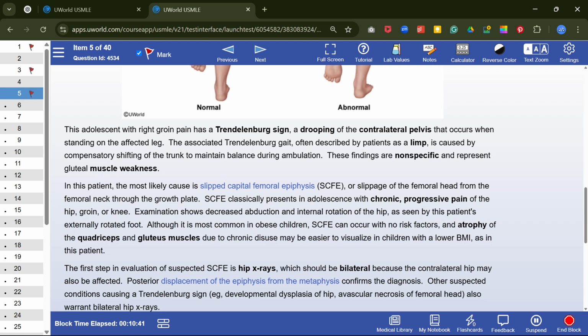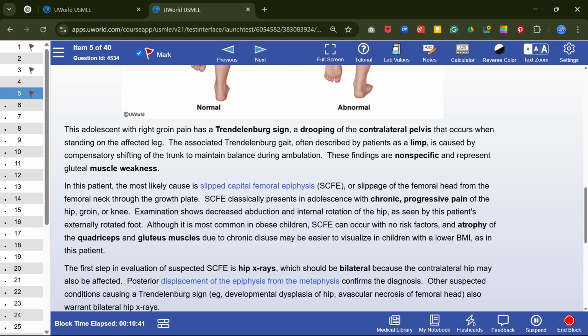Slipped capital femoral epiphysis classically presents in adolescents with chronic progressive pain of the hip, groin, or knee. Examination shows decreased abduction or internal rotation of the hip, as seen by this patient's externally rotated foot.